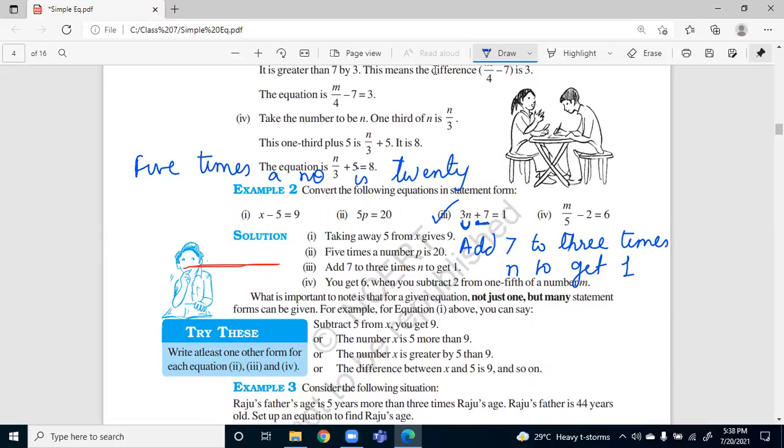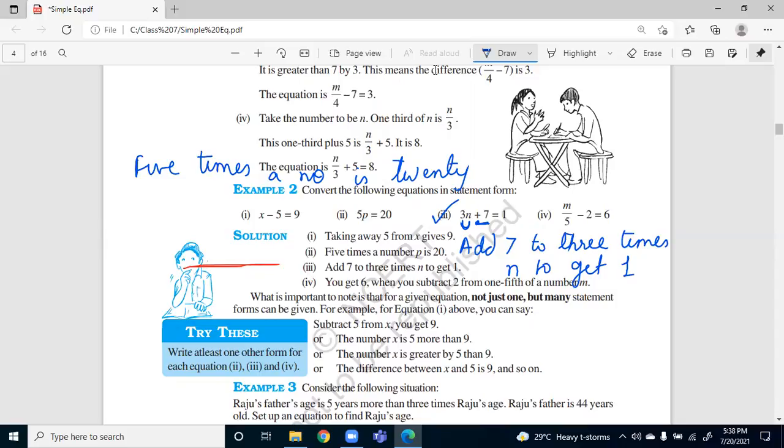You are correct. We can write 3 times a number when added to 7 will give us 1. It is also correct, Samraj. Just saying added to 7 is 1 is also correct.